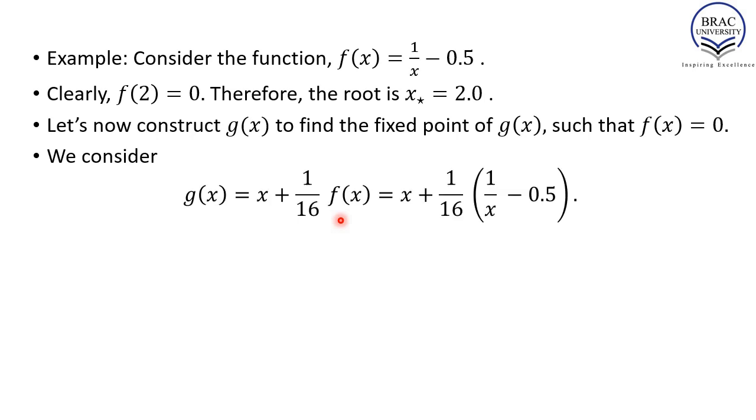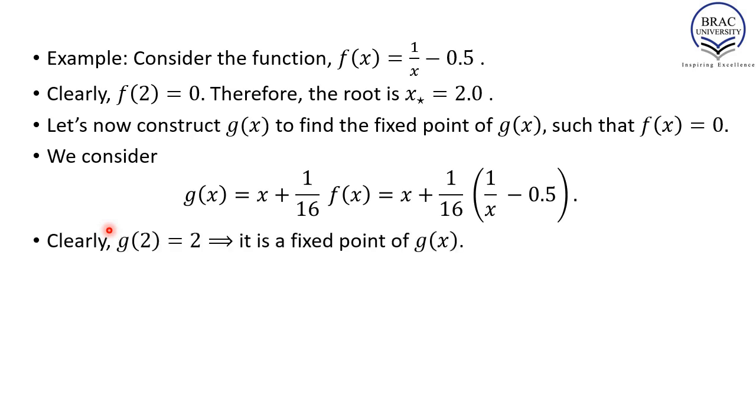We consider g of x equal to x plus 1 over 16 f of x. If we put the f of x here, that is a simplified expression, and you can easily check that if you put x equal to 2, it is really equal to 2. You can see that by explicit computation. So 2 is the fixed point of g of x, or root of f of x.